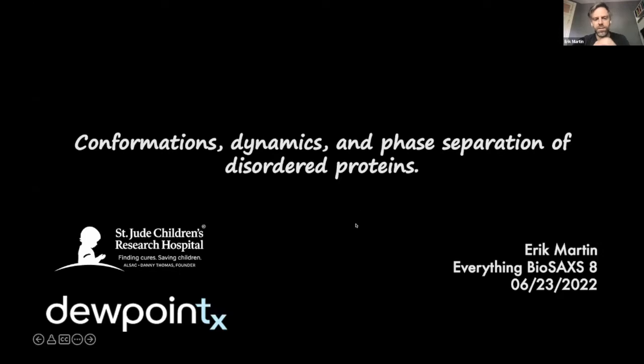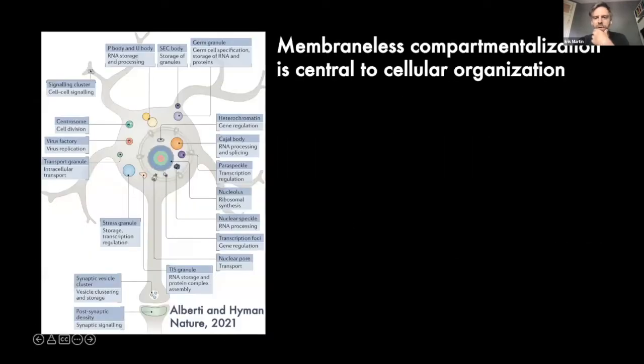So to start this talk, I want to give a bit of background as to why we were interested in this to begin with. This fed out of the emerging field of membraneless organelles or biomolecular condensates that came to prominence maybe about a decade ago, but really about 2015.